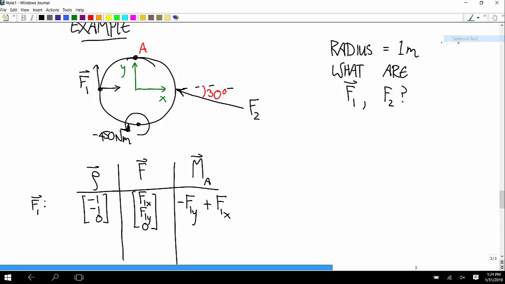And then I sort of glossed over the components, but it would be 0 for an x component, 0 for a y component, and then negative f1y plus f1x for a z component. Any questions about that?